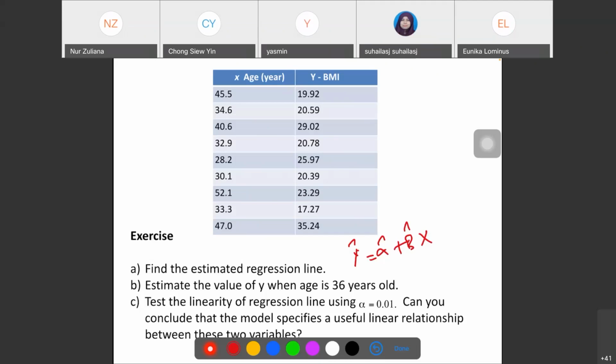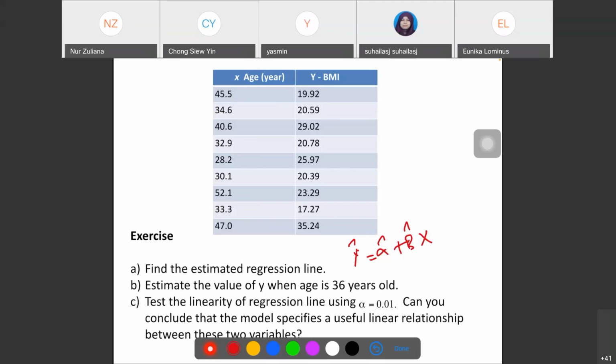Okay. So the method that we use is called method of least square, kaedah kuasa dua terkecil. Method of least square means you want to minimize your error.